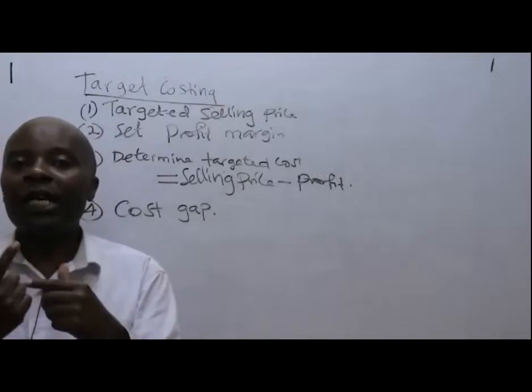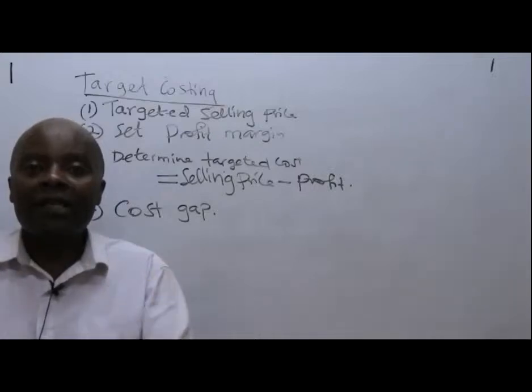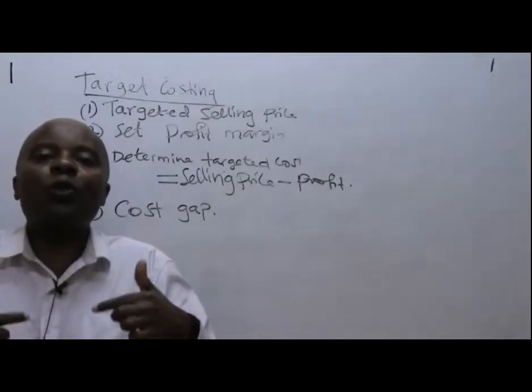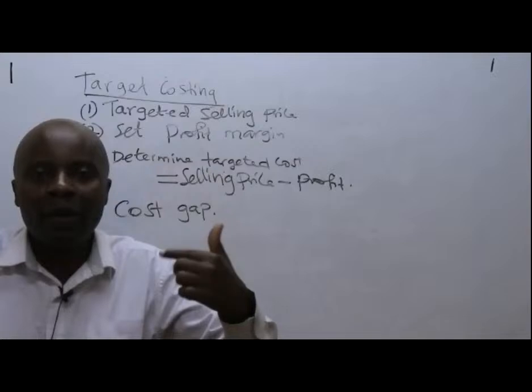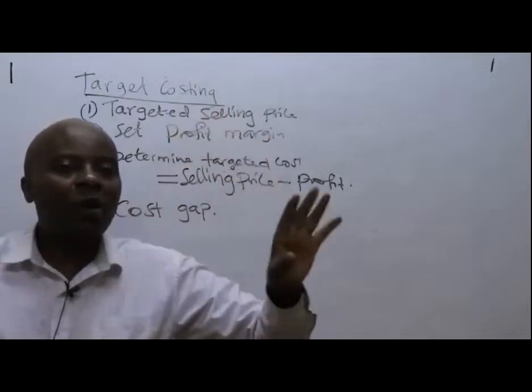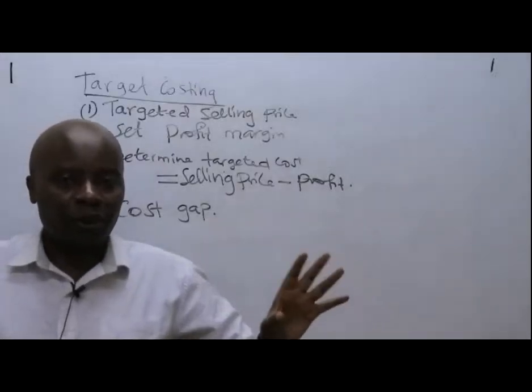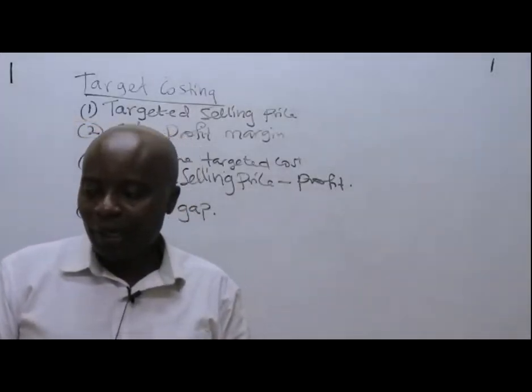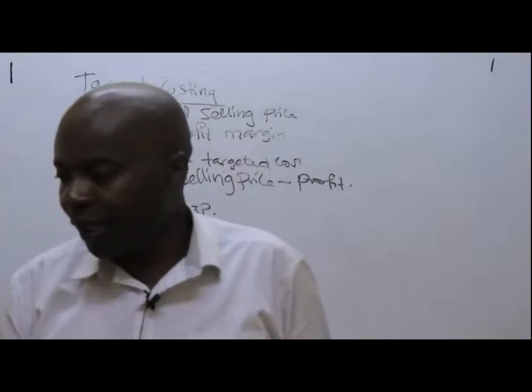And when we start our production, should we realize that our actual cost is going to be more than our projected cost, then straight away we should be able to stop our production exercise.